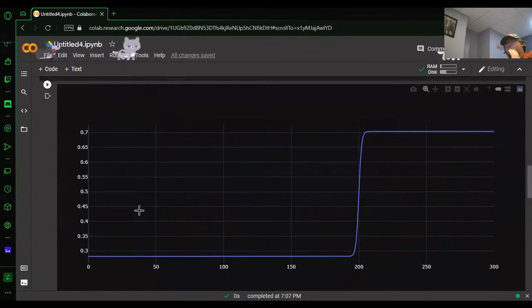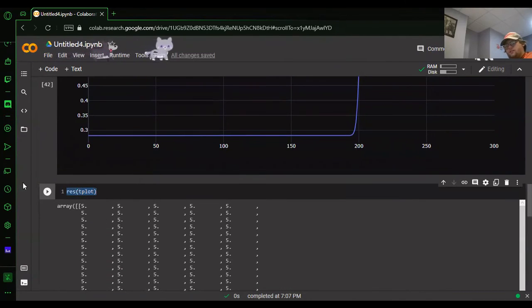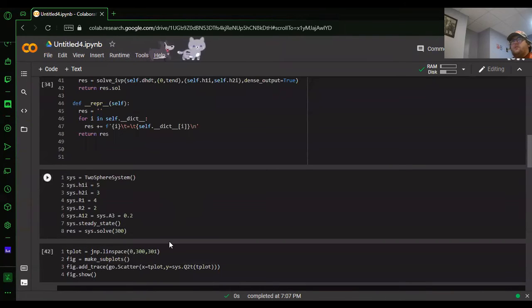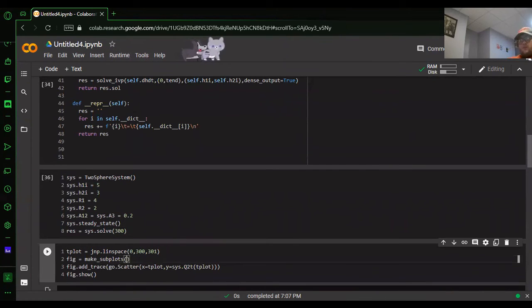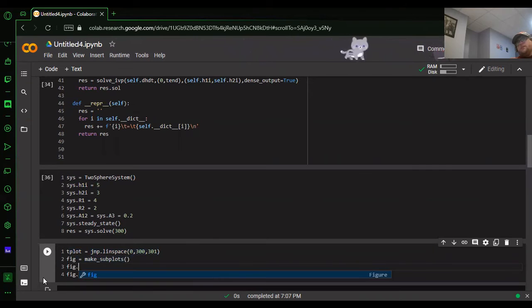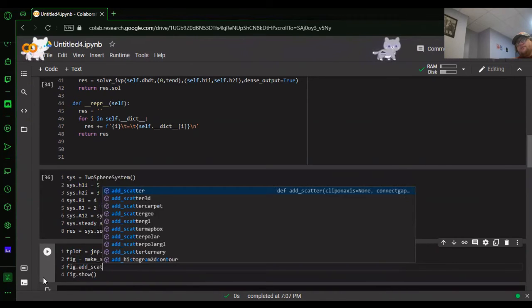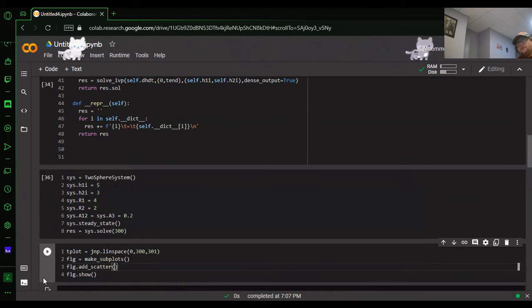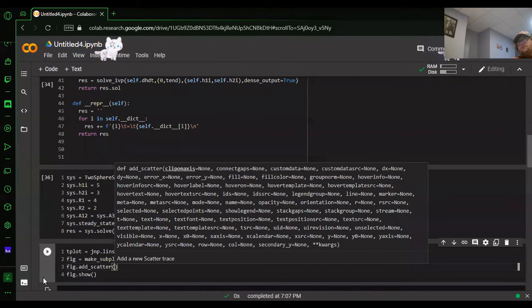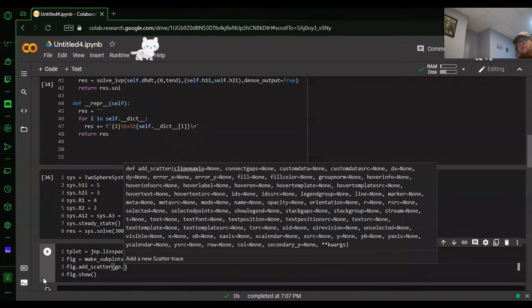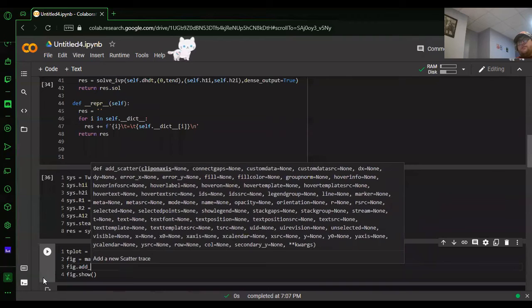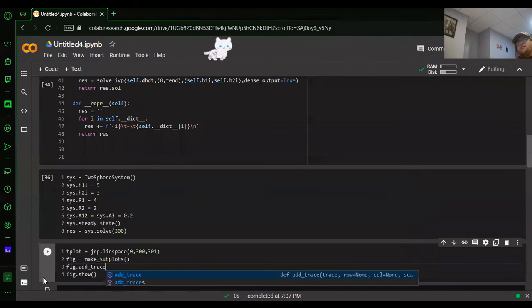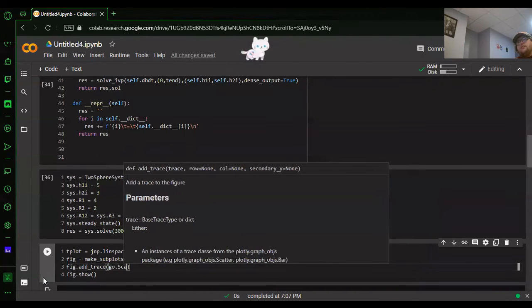So if we go up here, what we're going to do is get rid of this for a second. Do fig add scatter, add trace, go dot scatter.